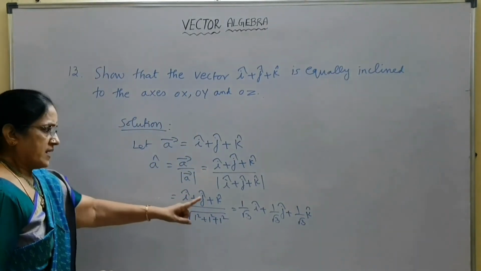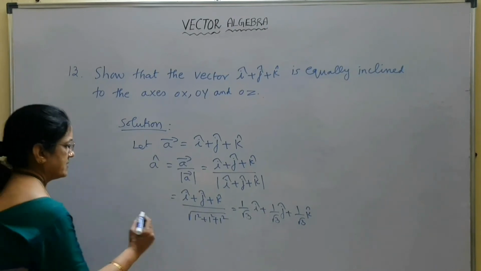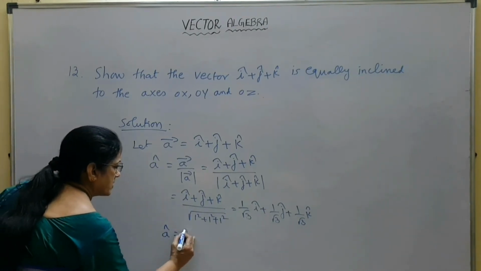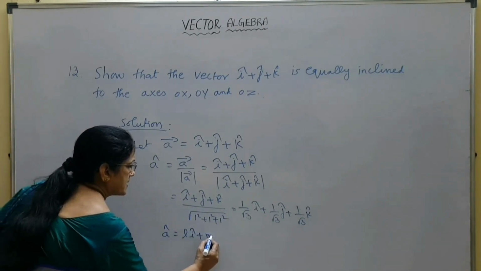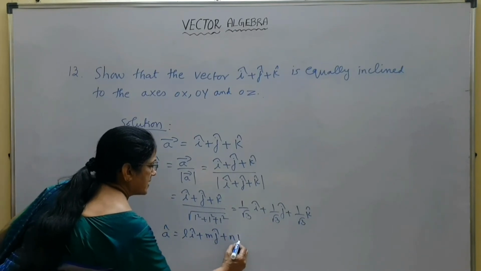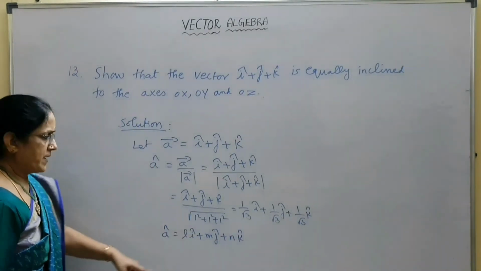Okay, let us compare it with a cap is equal to l i cap plus m j cap plus n k cap. By comparing, what do you get?